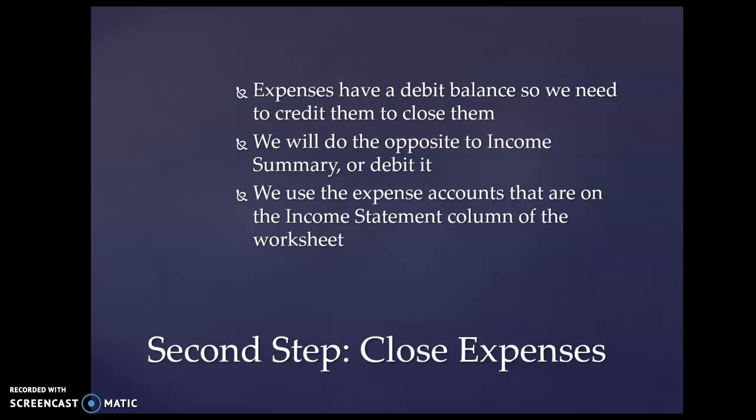We can do each expense separately, credit the expense, debit income summary for each one, but that would be a lot of journal entries. So we can list each credit of each expense, but only have one debit, which would be to income summary for the total.